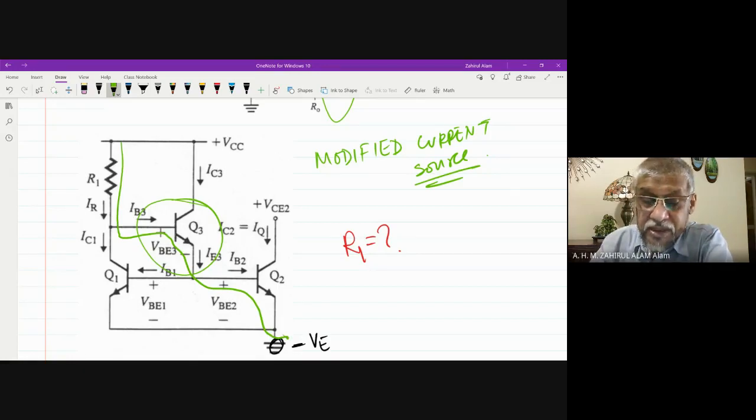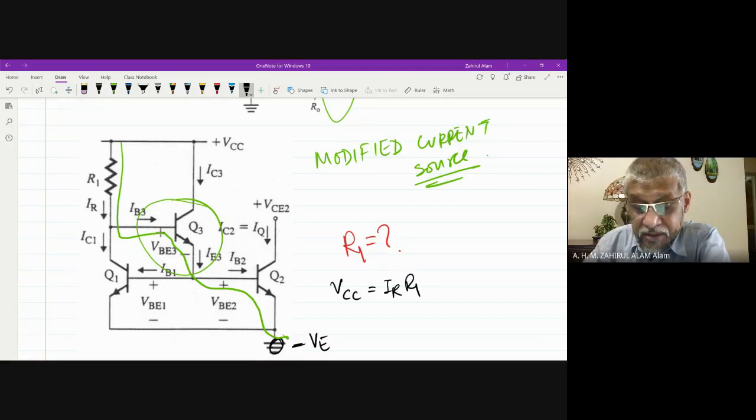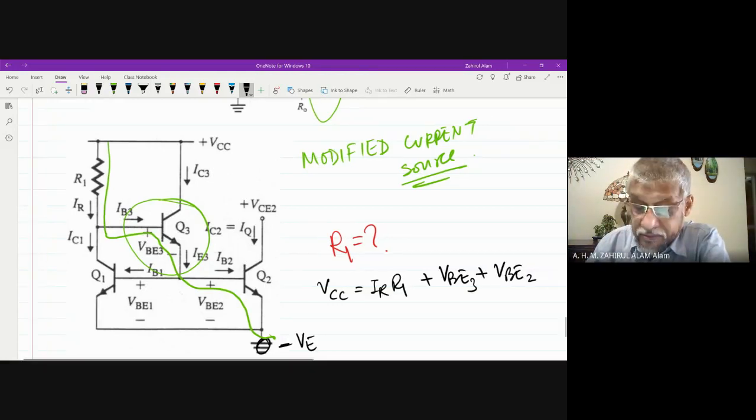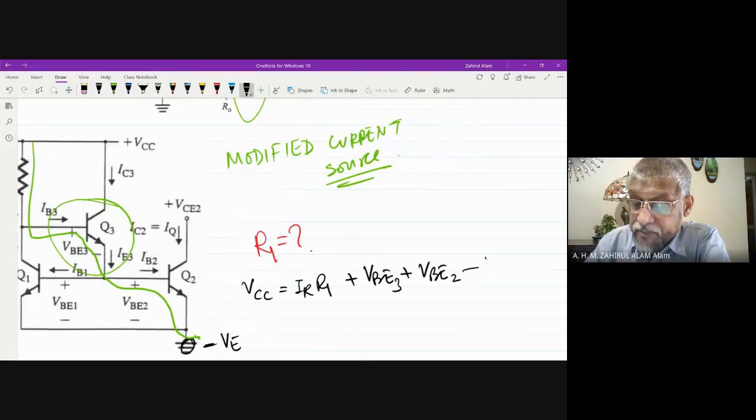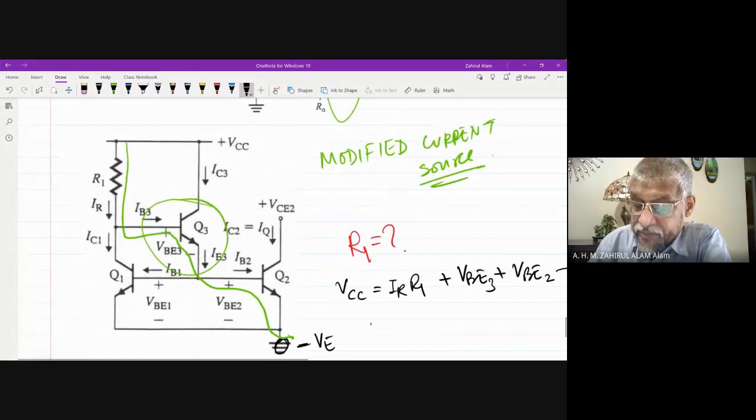If we go through this loop, VCC is equal to IR R1 plus VBE3 plus VBE2 minus VE.